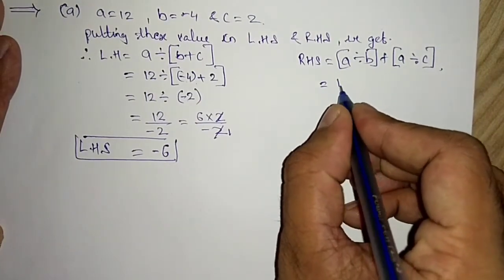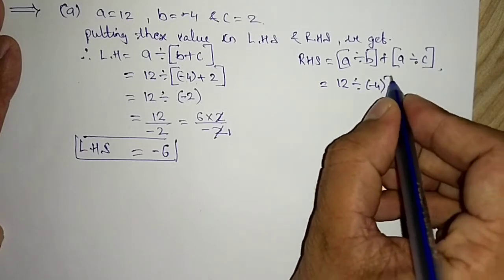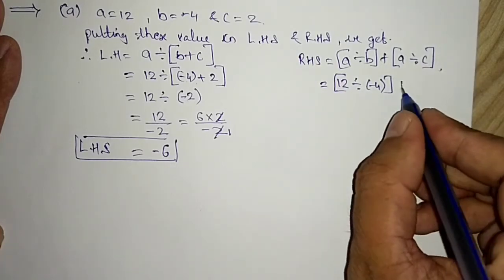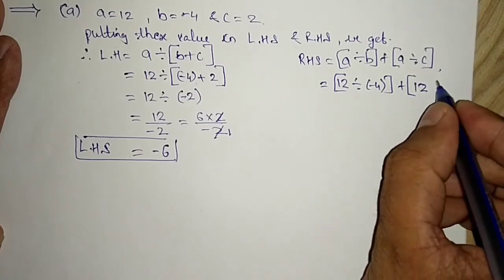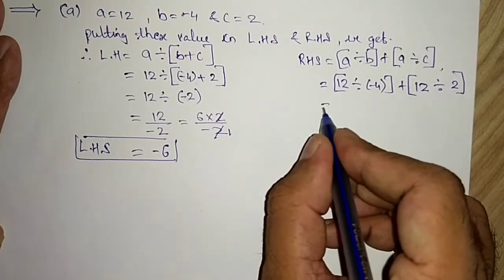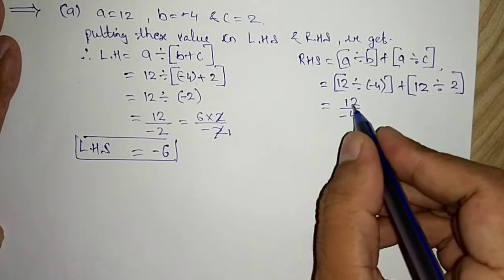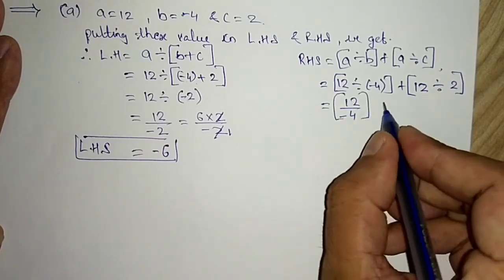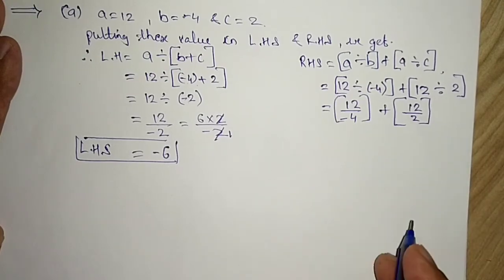a is equal to 12 divided by b is -4, plus a is equal to 12 divided by c is equal to 2. First let us divide this bracket. So 12 divided by -4 plus 12 divided by 2.